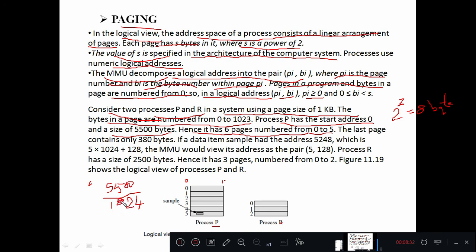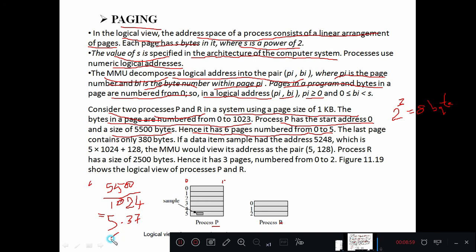So if I divide this, how many pages will we get? Just calculate. The ratio comes to around 5.37. So I cannot use only 5 pages, because if one more byte goes beyond the 5th page, I cannot accommodate or identify that byte.